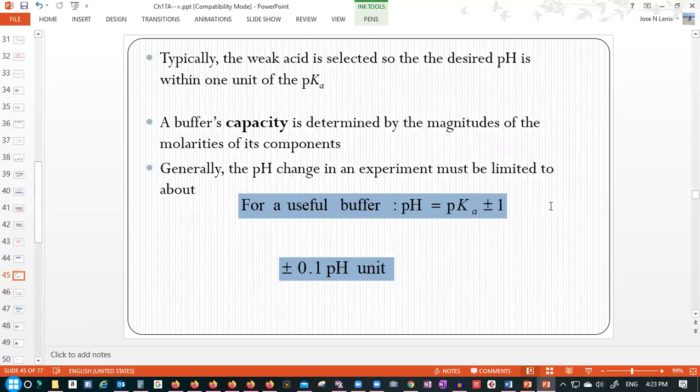So that means the pH should not change by more than 0.1 units to stay stable and to work as a buffer. Of course, if you add too much of the strong acid or too much of the strong base to that buffer, you will break the buffer's capacity, so the buffer will not work anymore.